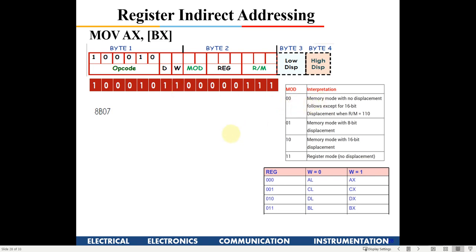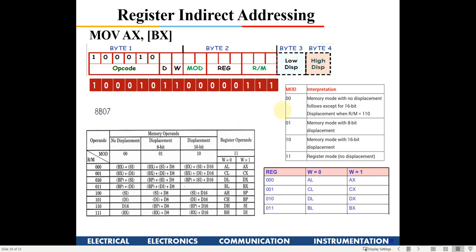Now again mod is 00, and register A stands for 000, and this is memory corresponding to BX, which is 111. So if you see mod 00, and BX, it is 111. So we write 111 here. This is with no displacement. Is it okay?